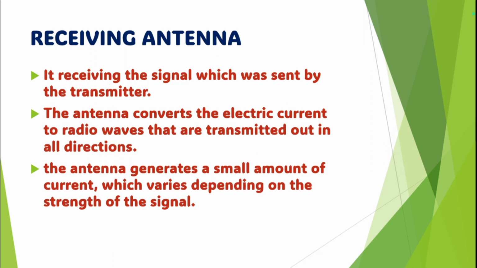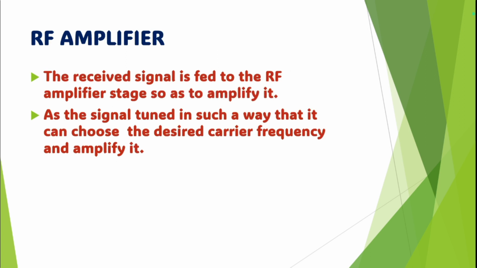The antenna generates a small amount of current which varies depending on the strength of the signal. It receives a high frequency signal transmitted by the transmitter and converts it into a small amount of current. The signal received by the receiving antenna is given to the RF amplifier.